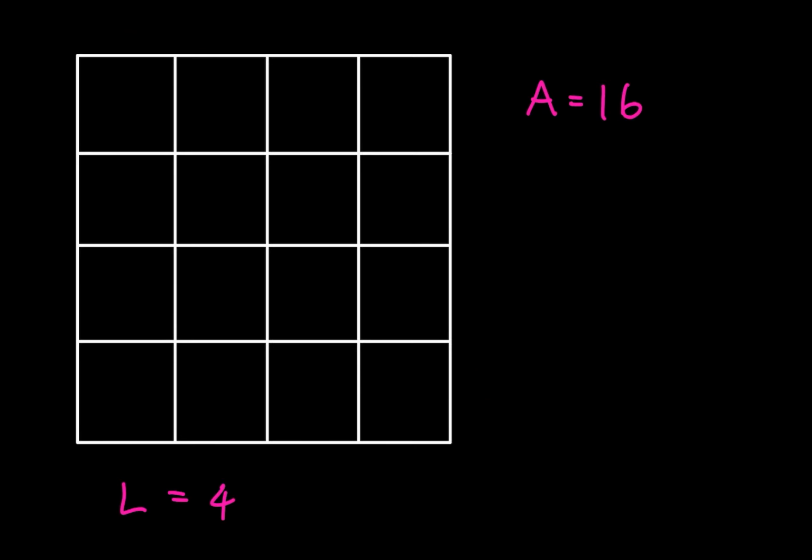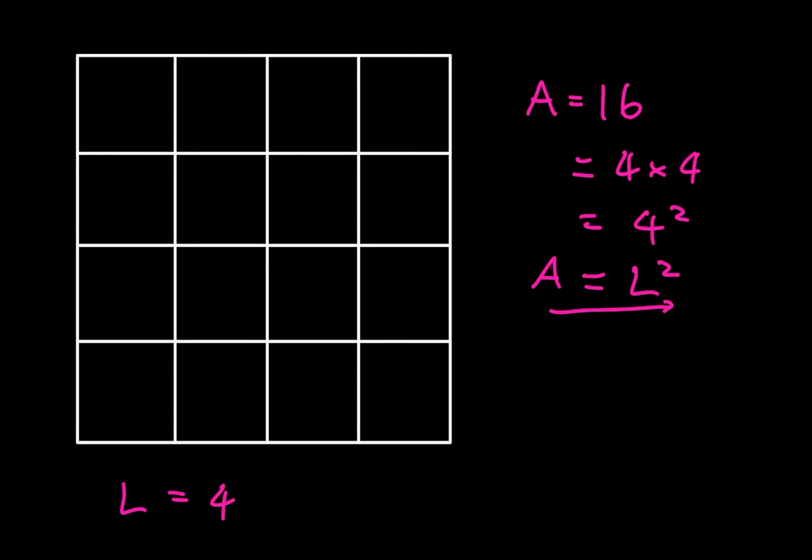So we also know that 16 is equal to 4 times 4, which is also 4 squared. And if we have that 4 is our length, then we have that area has a general formula of L squared.